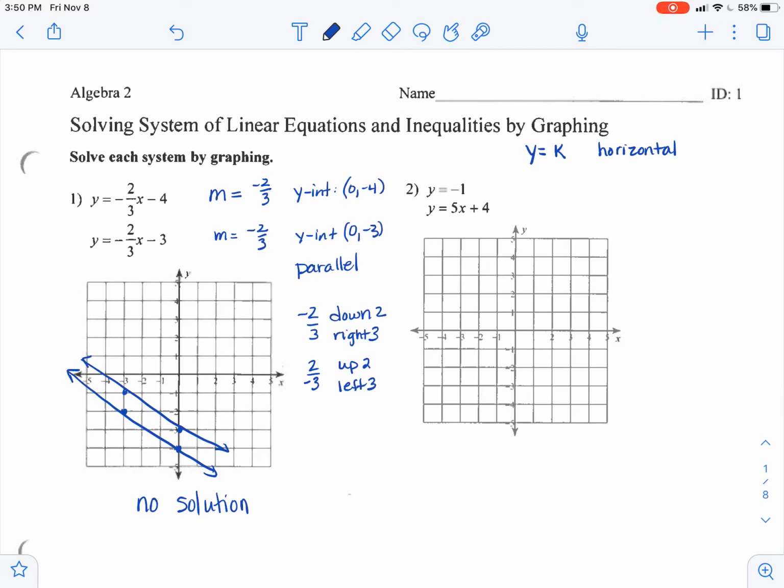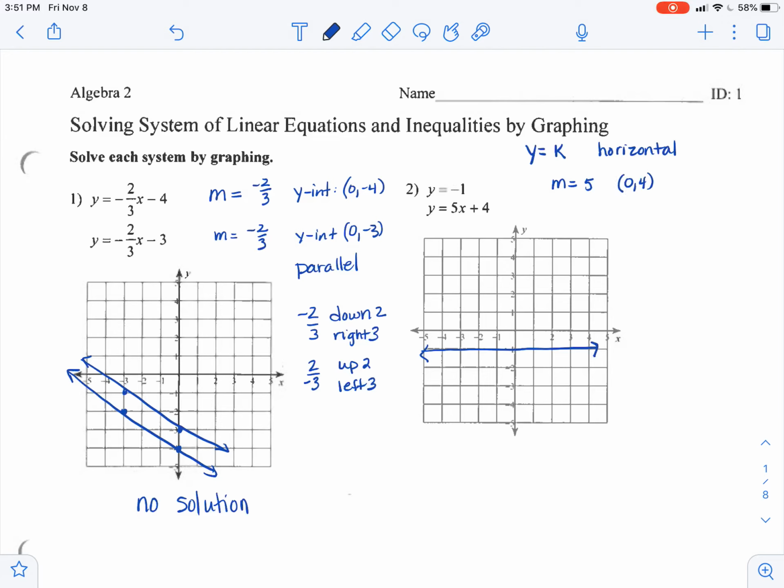So I'm going to have a horizontal line at -1. My second equation is in slope-intercept form. So again, my slope is 5, and my y-intercept is 4.